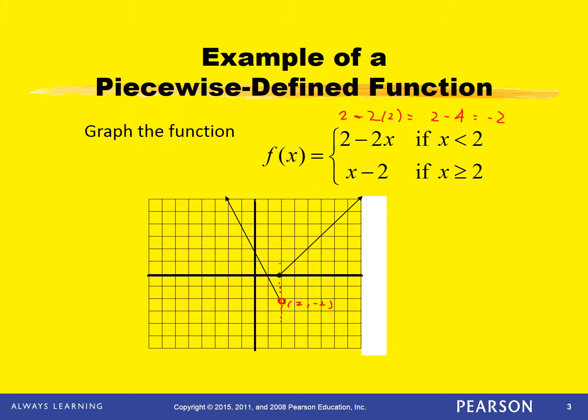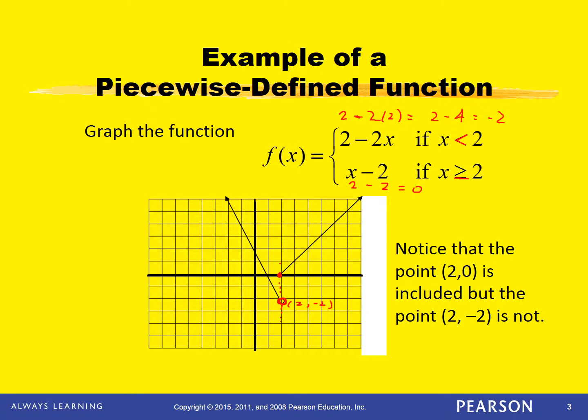Okay, there's 2, negative 2. It's not a part of the graph, so we have to have the open circle there because there's no little equal sign underneath the inequality symbol, as there is on this other rule. Evaluating the bottom rule for x equals 2, we have 2 minus 2, which is 0, and so that'll be the y value when x is 2 for the bottom rule, and so now we do have that endpoint.